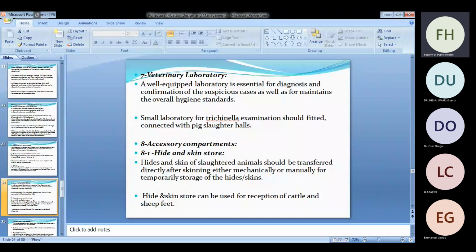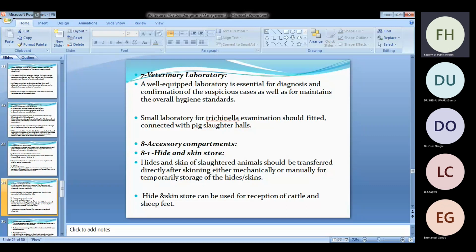Is it still serving the purpose it was meant to serve? Is it still providing wholesome and safe meat to the general populace? It's our duty to make sure that these things are done the right way.